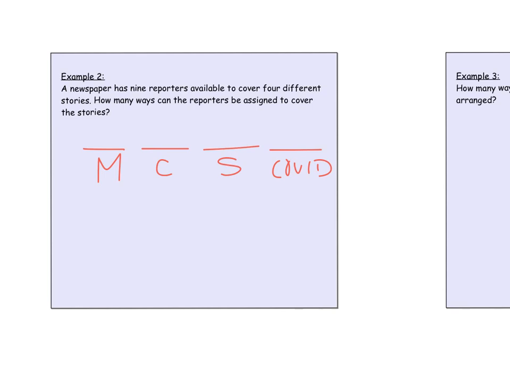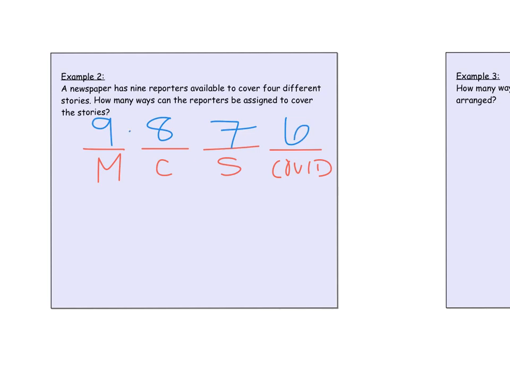Okay, so there's 4 stories. There's 9 reporters that have an option of doing the first story, the murder story. One of them takes it, and now there's 8 left for charity, 7 left for sports, and 6 left for the COVID story.